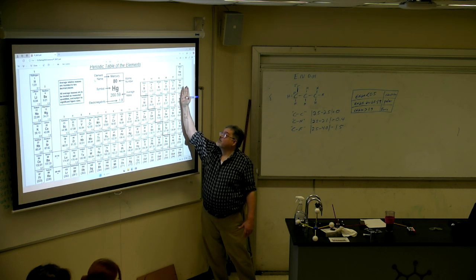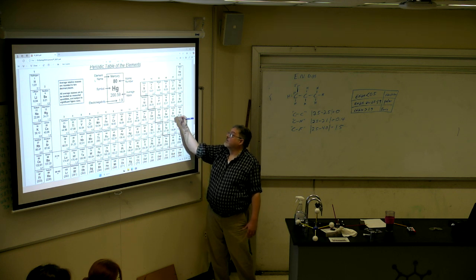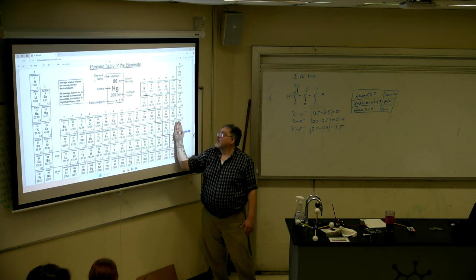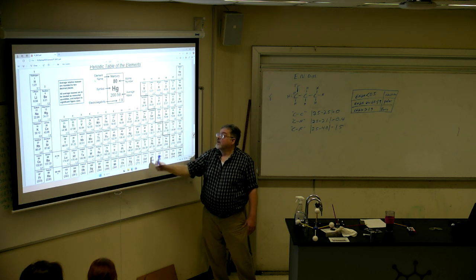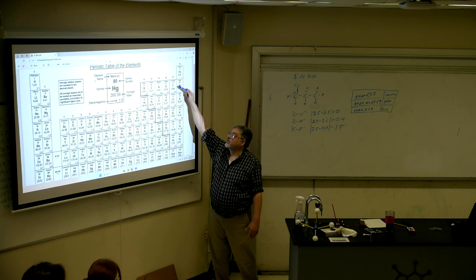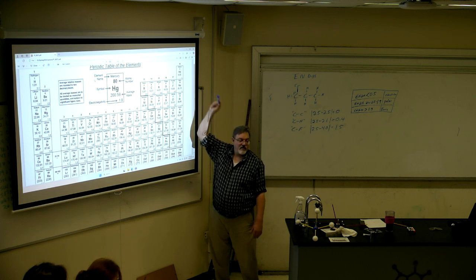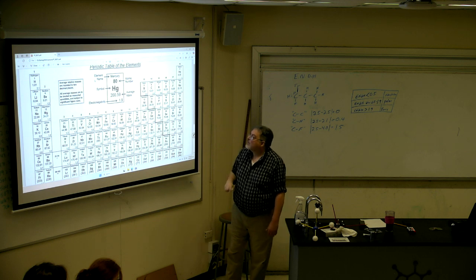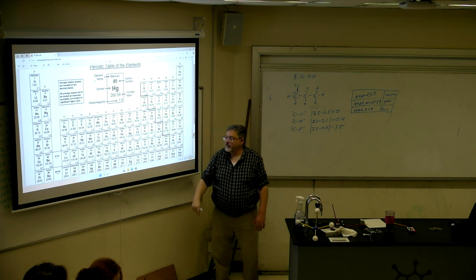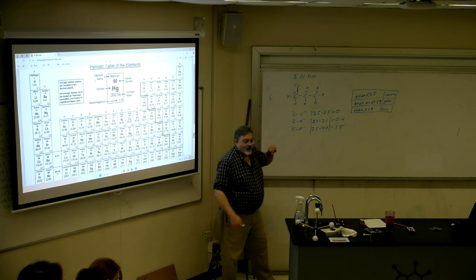If you ignore these, there's no polarity really with these. But if you start here with the halides, going right and up, this is the most electronegative atom on the periodic table. Fluorine is the most electronegative on the periodic table. 4.0, 3.5, 3.0. But you don't have to memorize them, just realize this is how you use them to figure out whether something's polar or not.